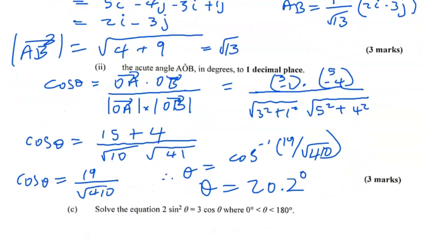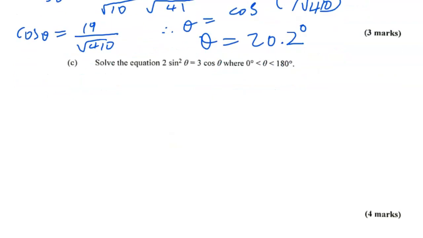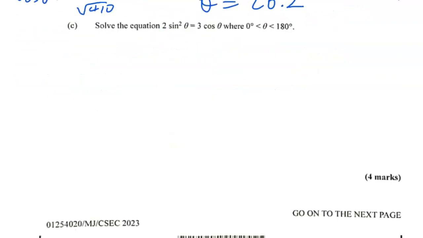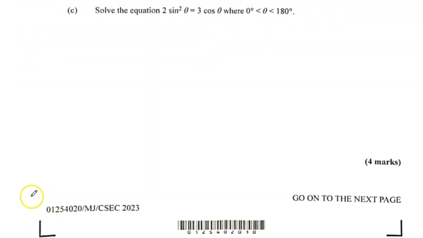Next, we're asked to solve the equation 2 sine squared theta equal 3 cos theta. Okay, so we know from the Pythagorean identity that sine squared theta plus cos squared theta is equal to 1. So we want to make this equation one term, so we can rewrite sine squared.